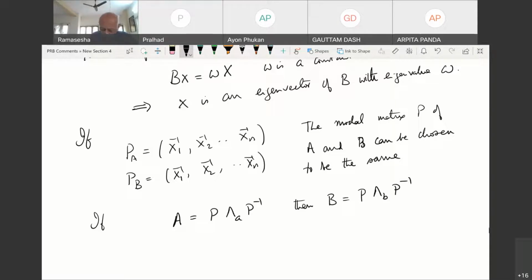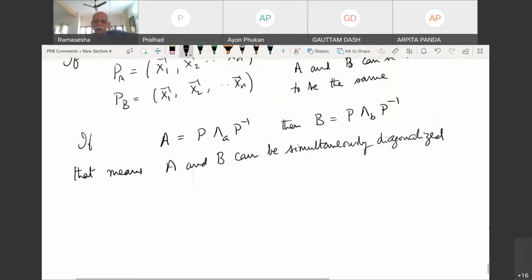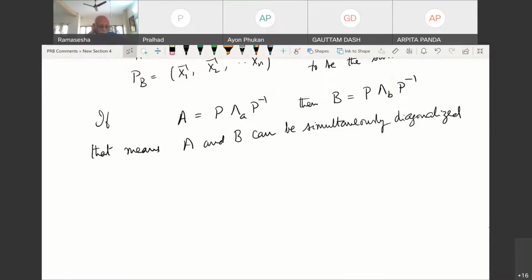That means A and B can be simultaneously diagonalized. Okay, if you find the eigenvectors of A, then you get the model matrix P. The same model matrix will diagonalize B also.